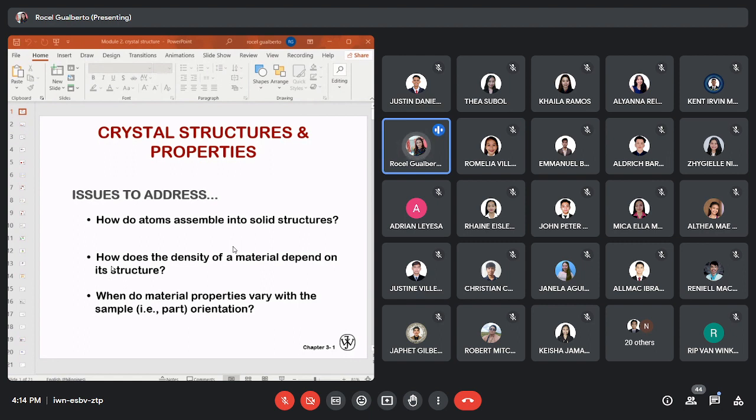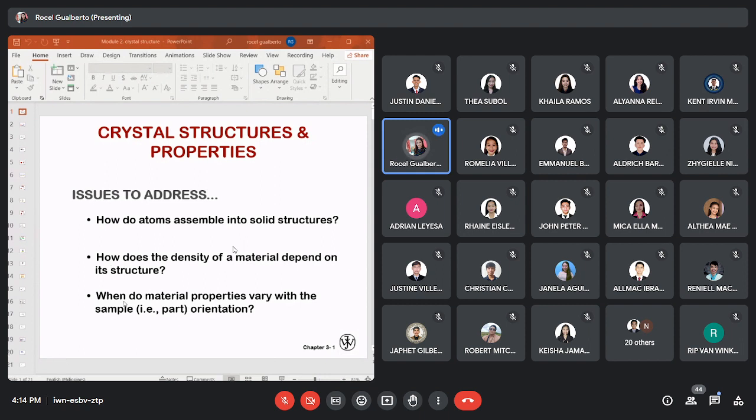Okay, the second one, how does the density of a material depend on its structure? Okay, so given the structure of the material, we are able po to estimate the density ng material. Okay, so hindi po natin kailangan sa uluhin yung mga densities na yan. Okay, all we need is we know its structure and from there we can compute for the theoretical density.